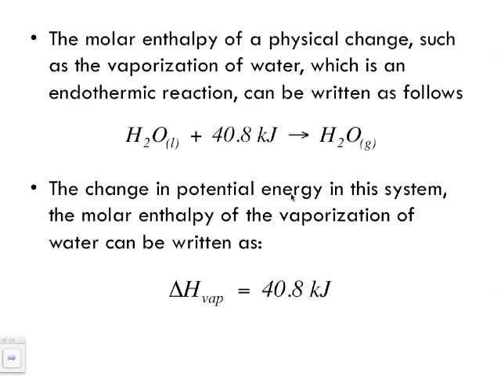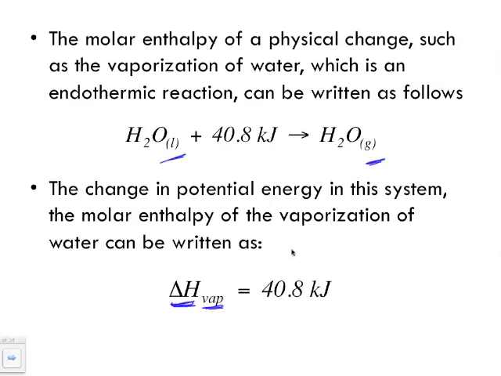So the change in potential energy in this system, the molar enthalpy of vaporization, can be written as follows. So remember, as we said, we've got the molar enthalpy, the change in enthalpy, right? And what is it? It's being vaporized, right? It's converting from a liquid to a gas. So it's vaporization, right?